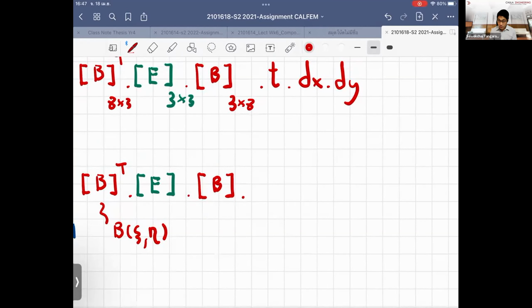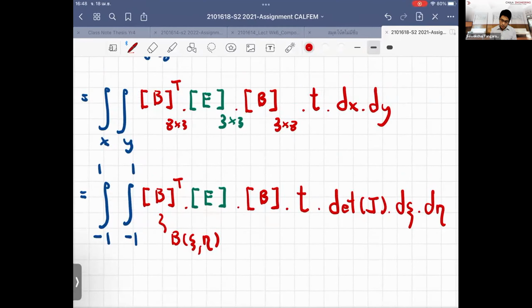Then it's times the thickness, but we need to transform the coordinate. Rather than using x and y, we use a natural coordinate, so we have to multiply by the determinant, which is J, and d xi d eta.